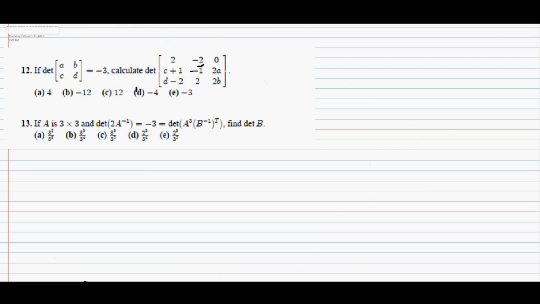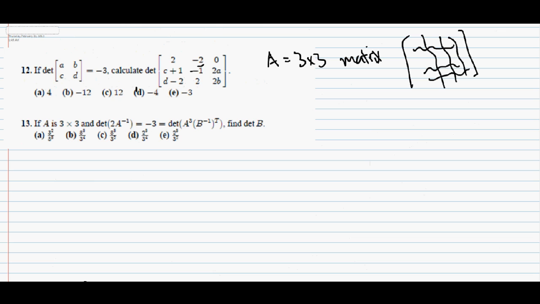Going on to number 13, it says A is a 3 by 3 matrix. This is just a random 3 by 3 matrix, and they're saying the determinant of 2 times the inverse of A is equal to -3.